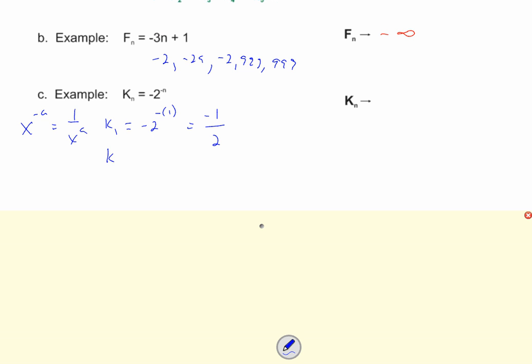All right, let's go with 10. So that's a -2 to the -10th. So this is a -1 over 2 to the 10th. Two to the 10th is 2 times itself 10 times. It's getting to be a big number already on the bottom. What happens when you take 1 and divide it by a big number?